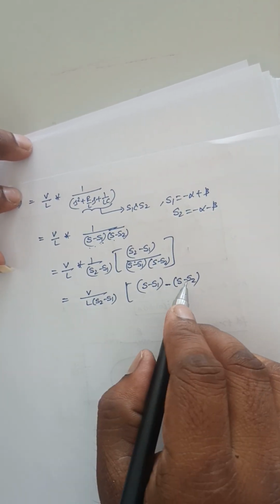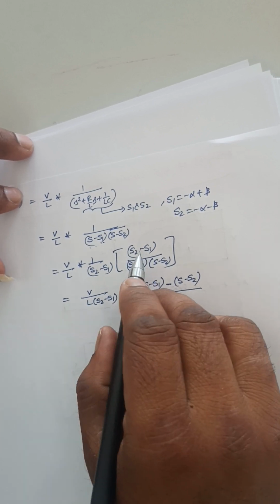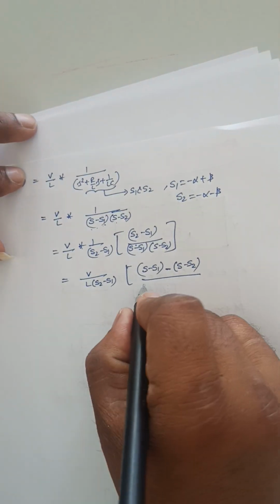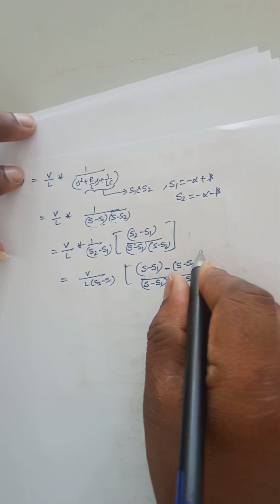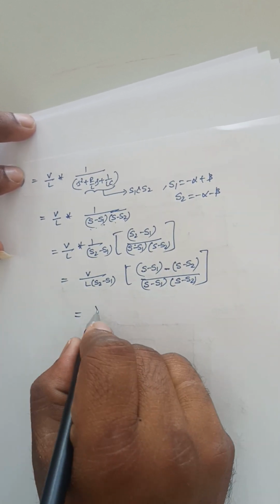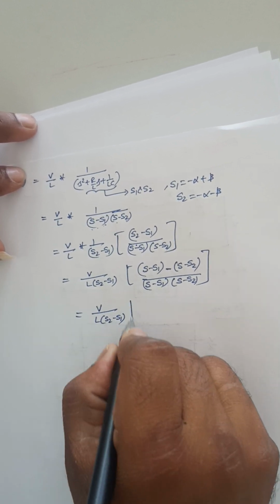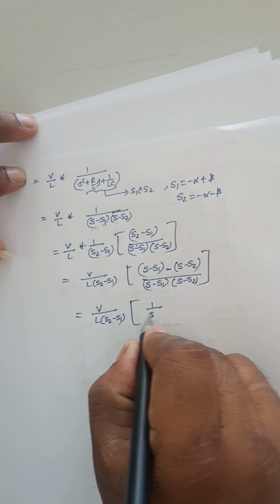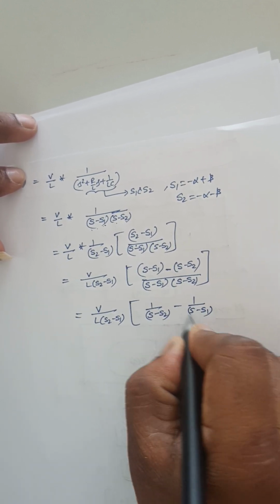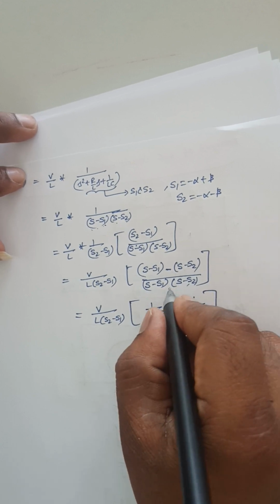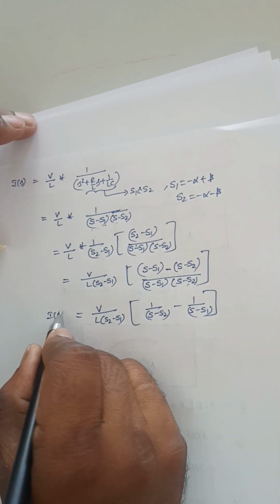So this minus and plus, my s and s will get cancelled, and it will be s2 minus s1. So it is V by L into (s2 minus s1) into 1 by (s minus s2) minus 1 by (s minus s1). So it is I of s.